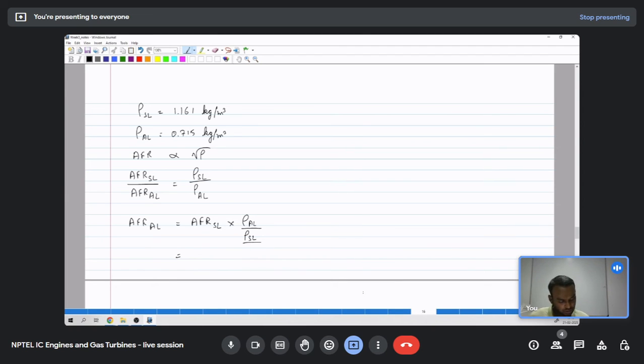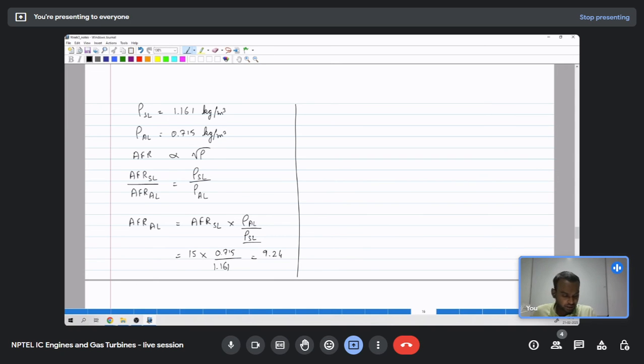The air-fuel ratio at sea level is 15, the density at altitude is 0.715, divided by the density at sea level, 1.161. This is 9.24. So when the aircraft goes to a higher altitude, the air-fuel ratio reduces. That means the mixture gets richer because the air density gets lower.